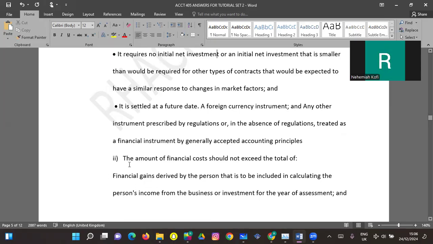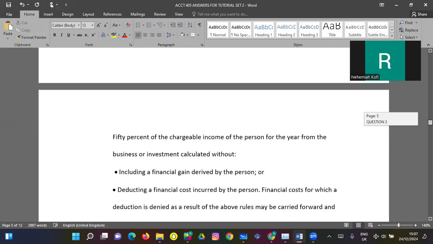So the amount of financial cost should not exceed the total of financial gain to be included in calculating the person's income for the business or investment for the year of assessment, and 50% of the chargeable income of that person from the business or investment calculated without including it.